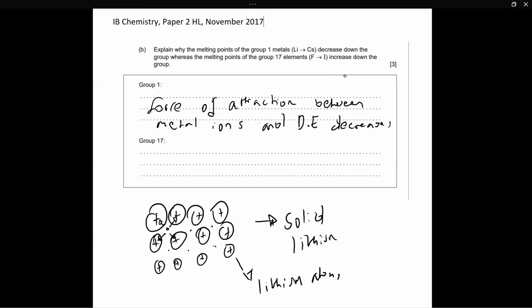So that would be your answer for why the melting point decreases as you go down group 1.